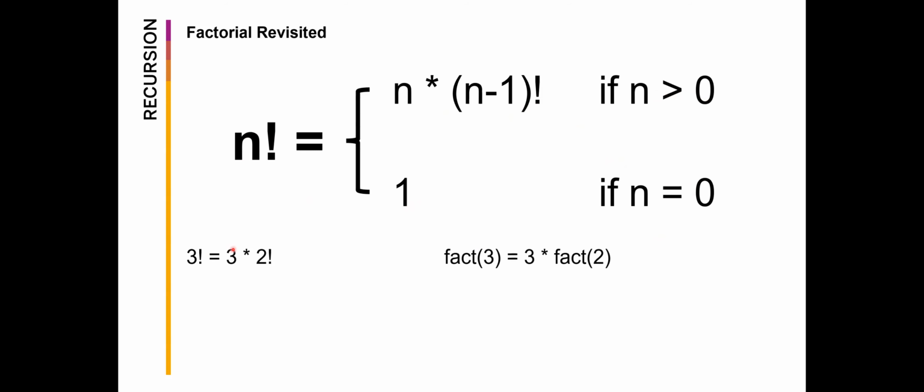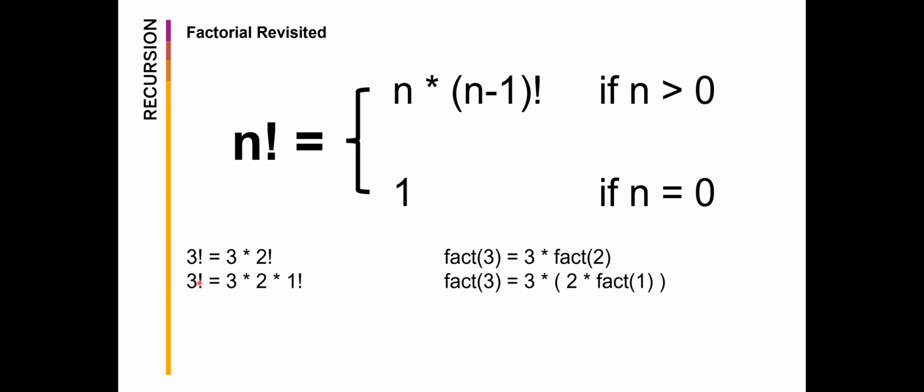I just use a smaller number so I can fit it here on the slide. So 3 factorial will now be equal to 3 times 2 factorial, which is equivalent to fact 3 equals 3 times fact 2. Since we called the factorial function again, we now arrive at 2 factorial, which is equal to 2 times fact 1.